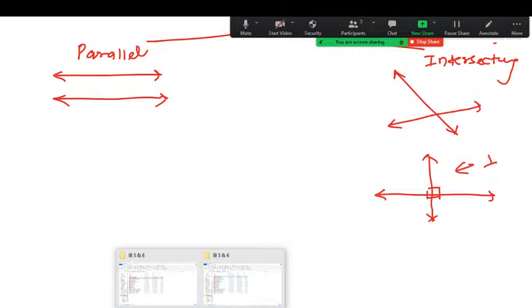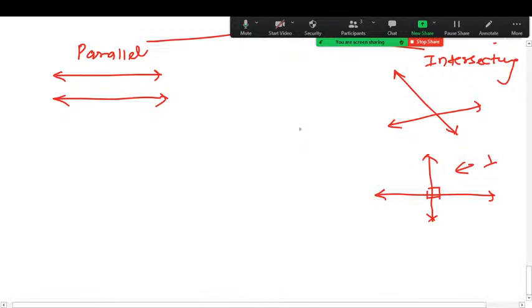The first question. First I will help you quickly understand things, then I will help you solve some questions. The main important thing over here is you must understand what are complementary angles and what are supplementary angles, and then you can solve questions based on the same.